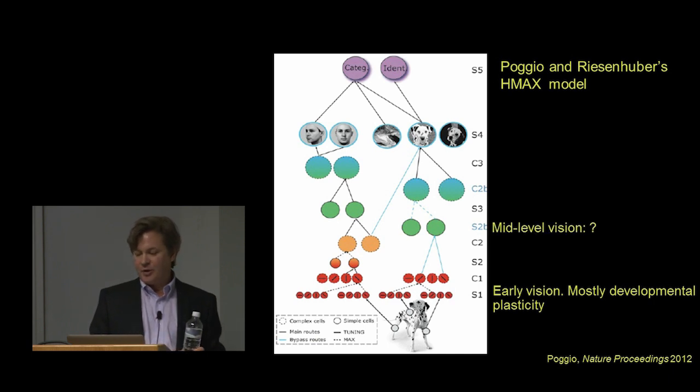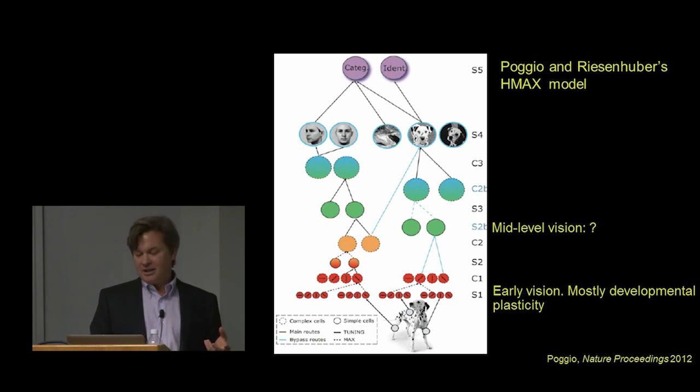And then it creates mid-level vision. And what I wanted to emphasize here is that early vision, most of us think, to first approximation, is created by developmental plasticity. That actually may not be true in all species, and there are hints, or even more than hints, that there's more plasticity in primary visual cortex or primary sensory cortex of rodents than there is, say, in primates.